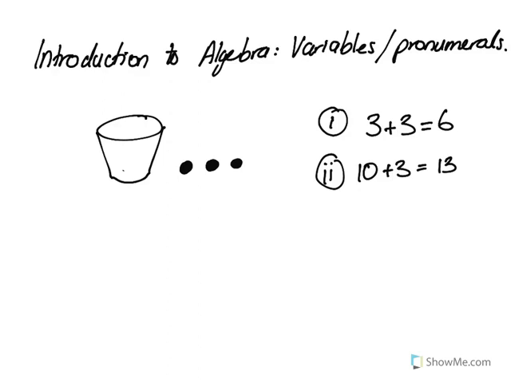Well, we can use what we call a pronumeral. Now, a pronumeral is just another way to say a letter. Okay, so let's say that there are n number of marbles inside the cup. Are we still able to work out a solution or maybe an expression to work out the total number of marbles altogether?